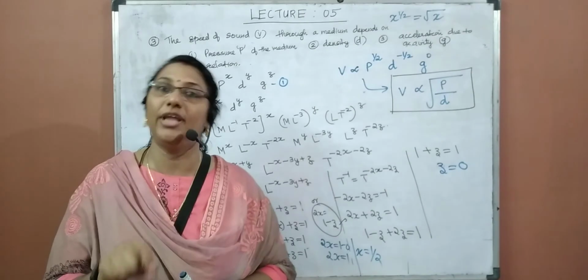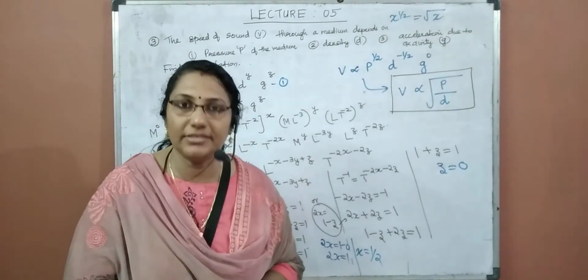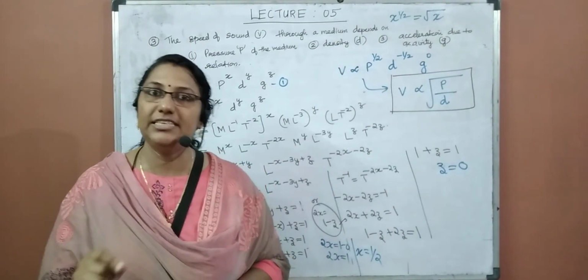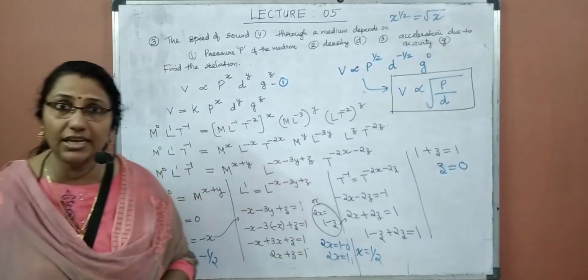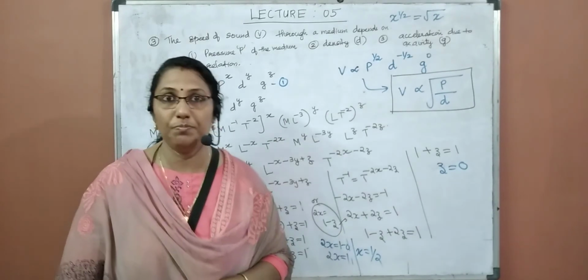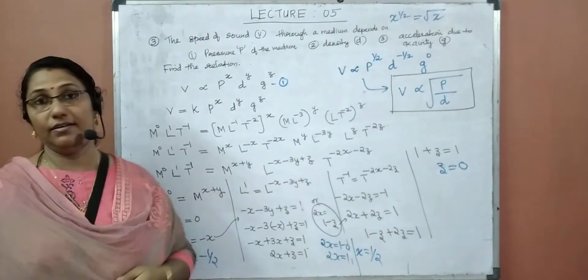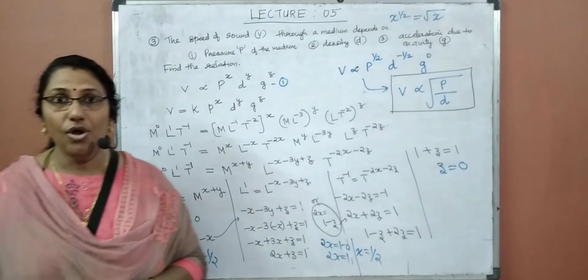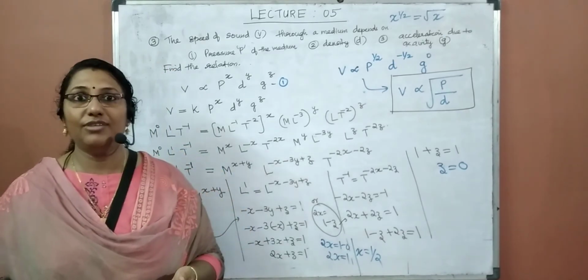We have proved that the speed of sound through a medium is independent of acceleration due to gravity and depends on pressure and density like this, v proportional to root p by d, by using our dimensions. So we have completed the 3 uses of dimensions.